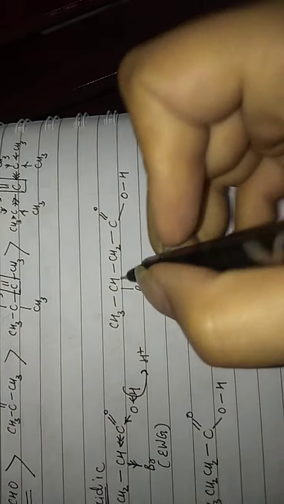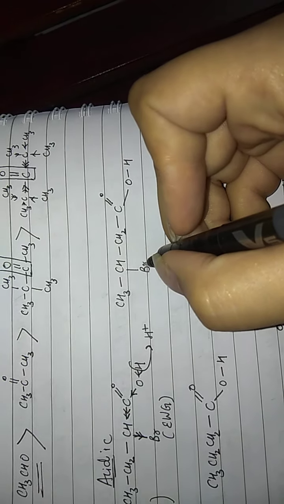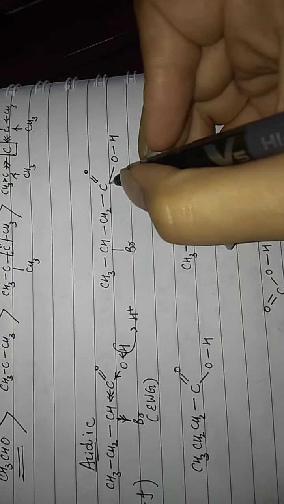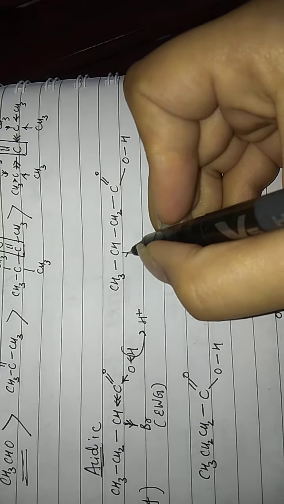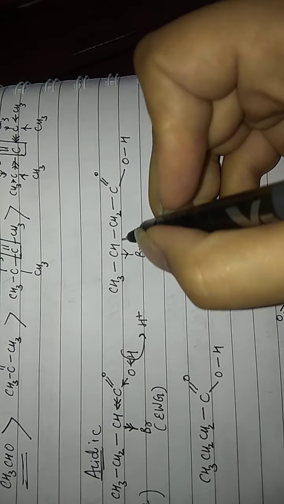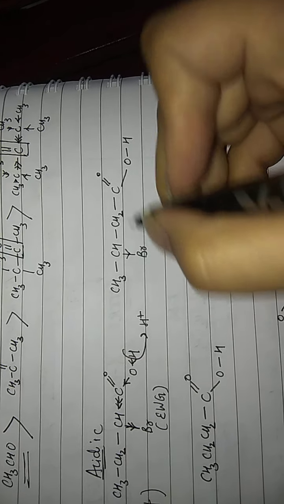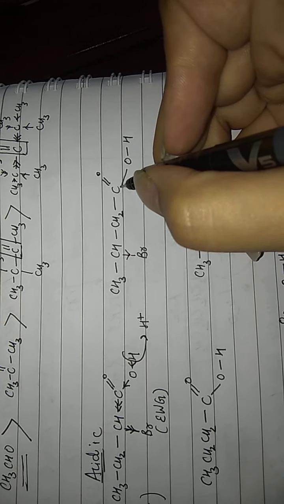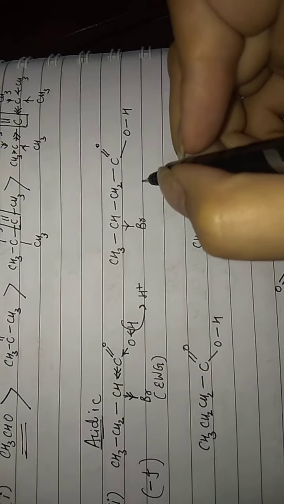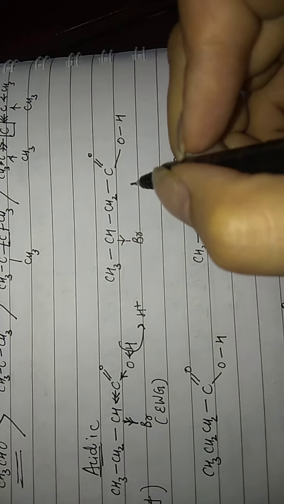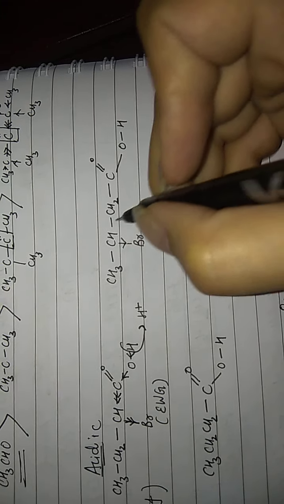Coming to this. Now here the Br atom is farther from the carbonyl carbon. It is again withdrawing the electron density, but now it is far apart from this carbonyl carbon, right? And we have done in class 11 that the inductive effect decreases with distance.